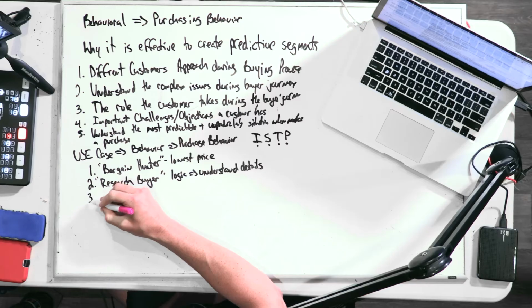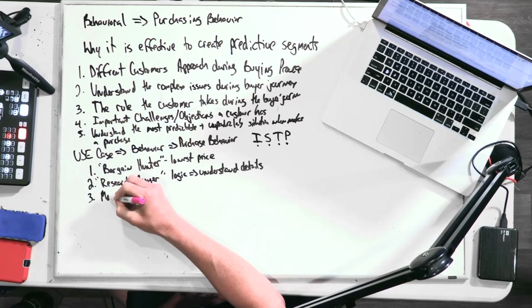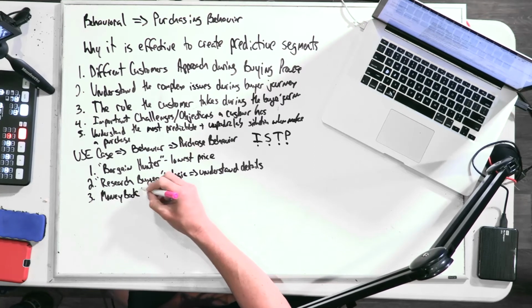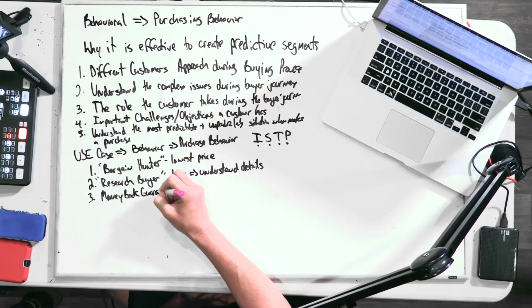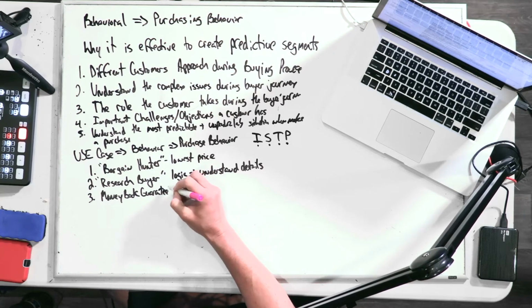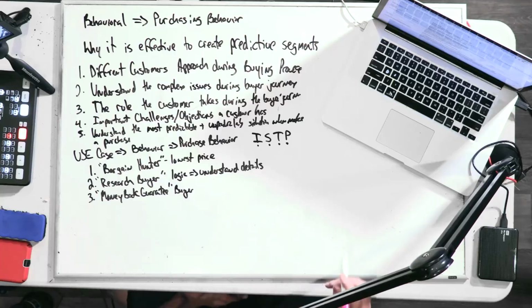Number 3 is my money back guarantee buyer. Now, this person doesn't want to take any risk.